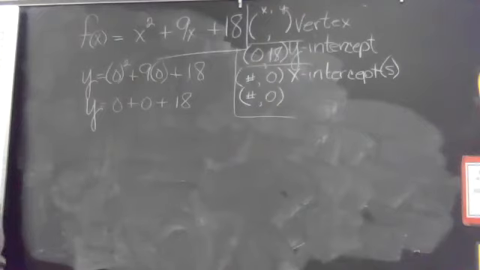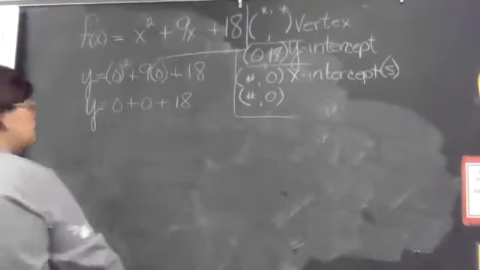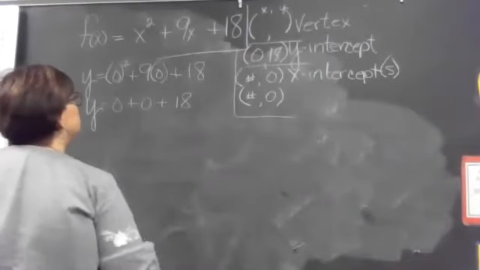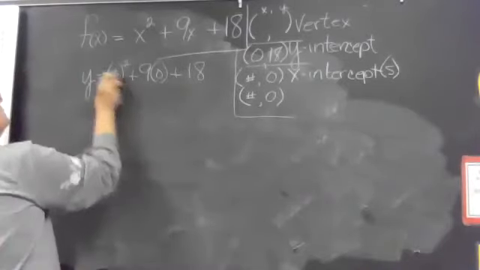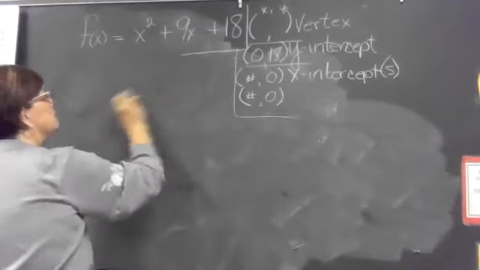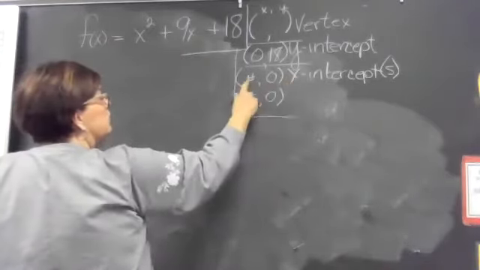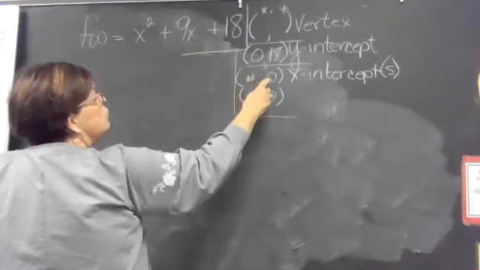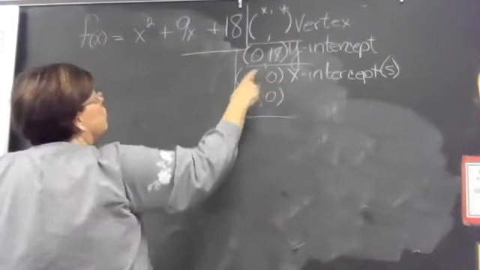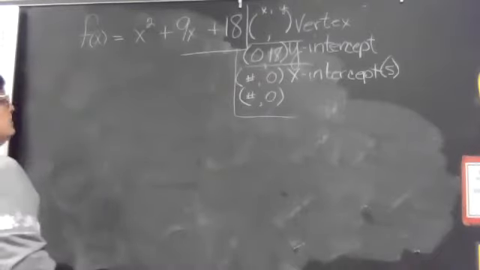Now, the x-intercept is a little more complicated because we're going to have to find the x values. If we're going to find the x-intercepts, that means we want an x number. So we're going to put a 0 wherever the y is.